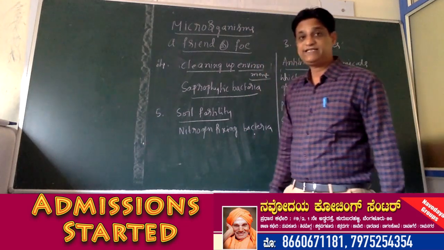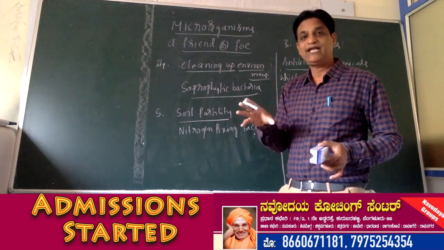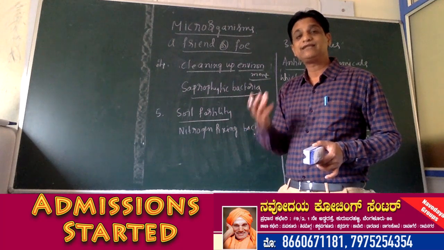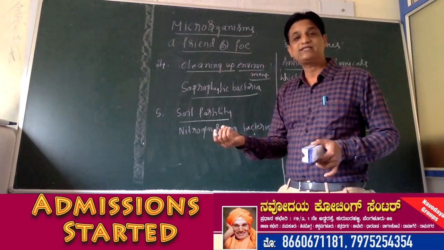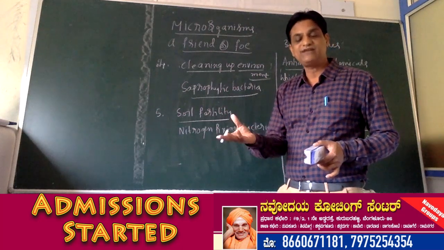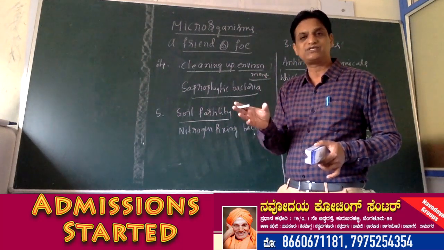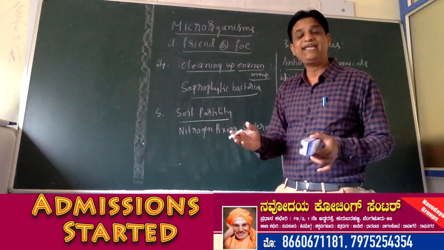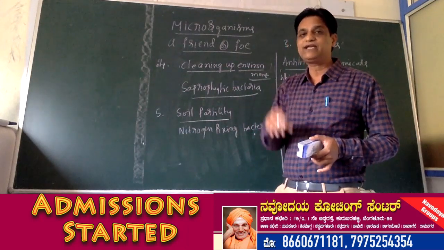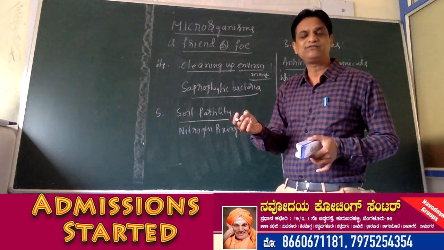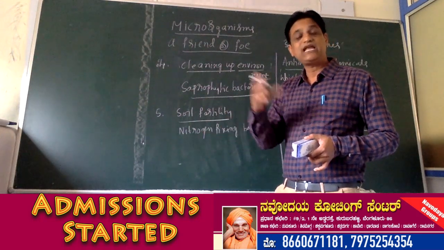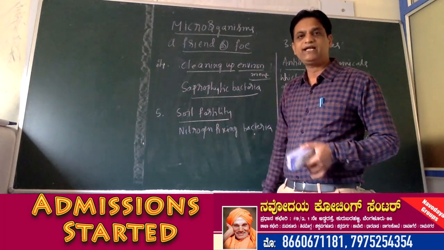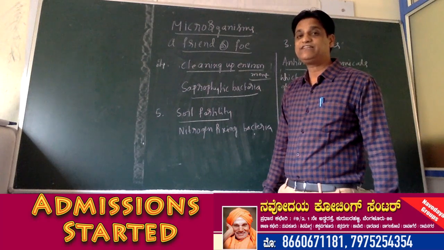In the soil, a group of bacteria are capable of converting the complex nitrogenous compounds present in the dead bodies and excreta of animals into simple compounds of nitrogen which can be absorbed by plants. That happens with the help of a group of bacteria called nitrogen fixing bacteria.